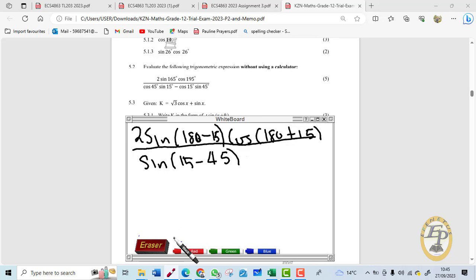So on the numerator, this is in the second quadrant, and we know that sine is positive. And this is in the third quadrant, and we know that cos is negative.